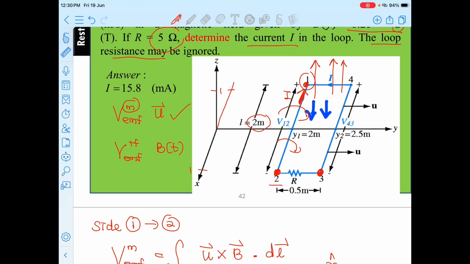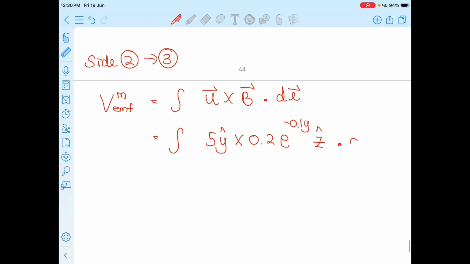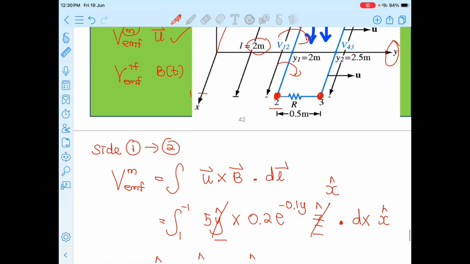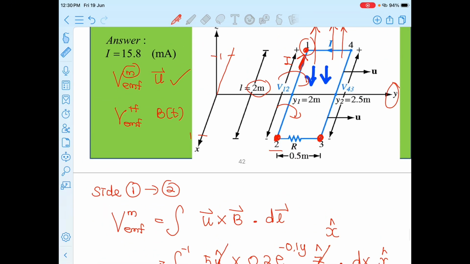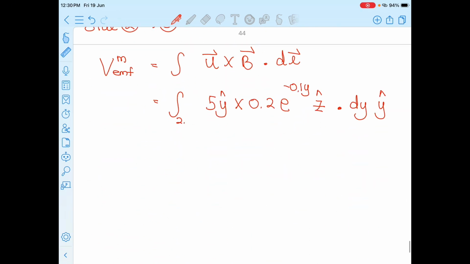If you want to know the length, you look at axis y, so this is dy and y. If you follow this diagram, the current will flow in the clockwise direction, so your y will be from 2.5 to 2.